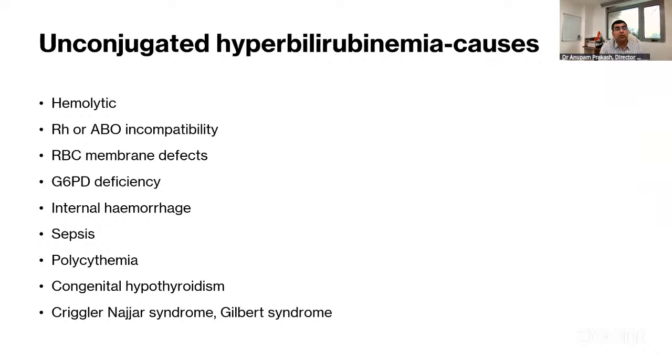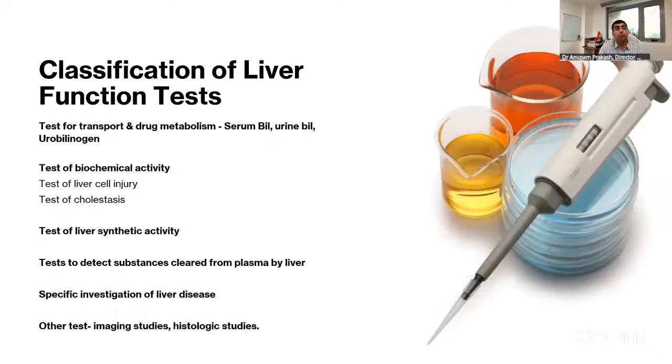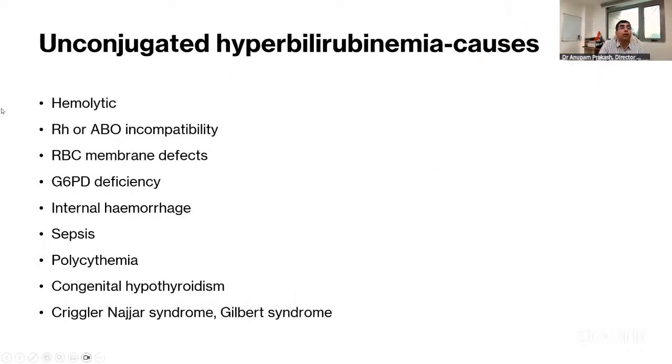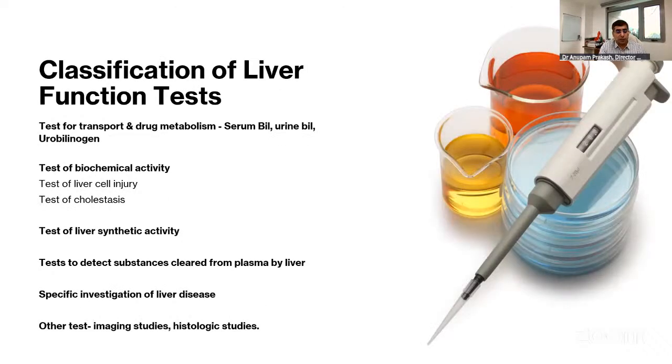So now this is the first, bilirubin. I talked of bilirubin here. So tests of transport and drug metabolism. Bilirubin is important. Now when you talk of bilirubin, I had shown that slide in my first lecture, that if you have bilirubin which is increased, then most of the time it is conjugated hyperbilirubinemia.